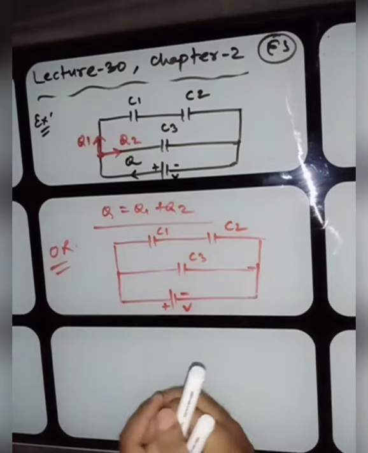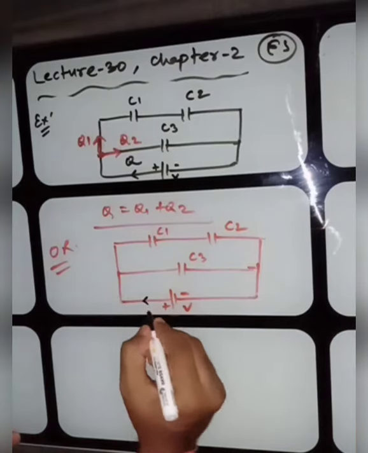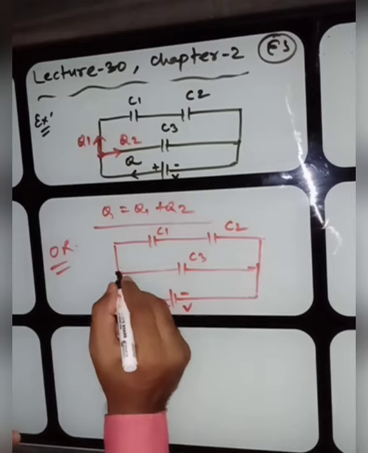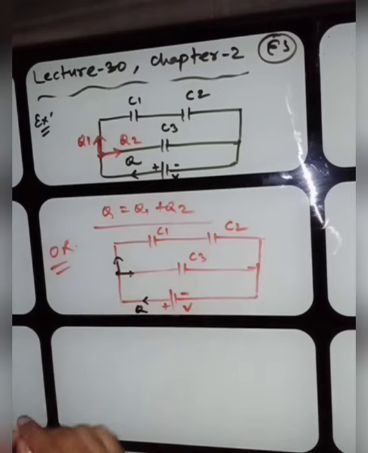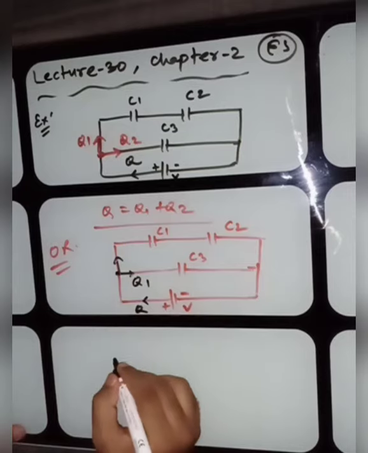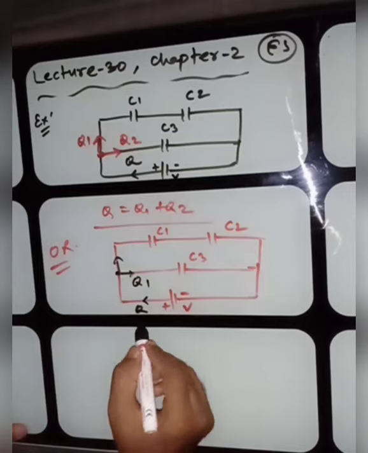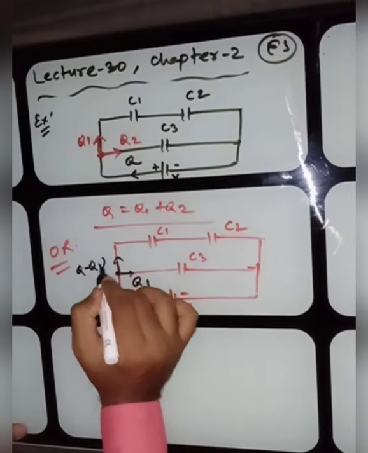Remember, from the positive terminal, charge starts moving. So Q, at this point, finds two paths, then it will break itself. Suppose Q1 goes in this direction and the total charge was Q, then how much charge will go in this direction? Of course, Q minus Q1.